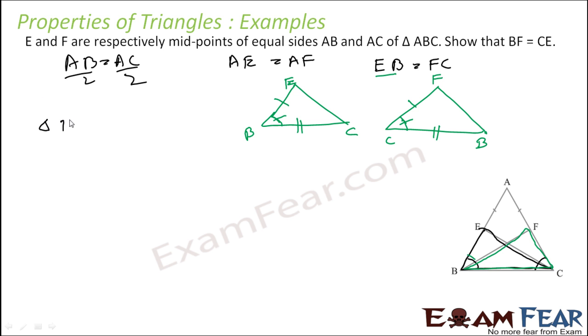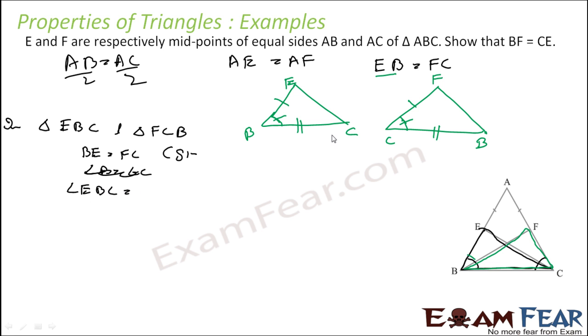So I can say that in triangle EBC and triangle FCB, EB is equal to FC, given, sides same. Angle EBC is equal to angle FCB. That is given. Why? Because AB is equal to AC, equal sides, so the angles opposite are equal.